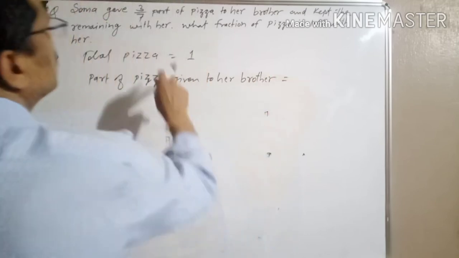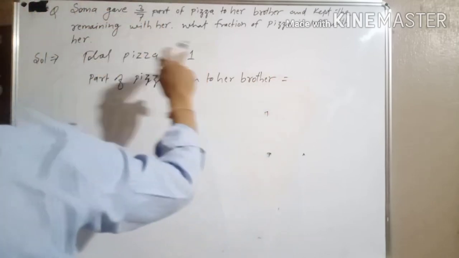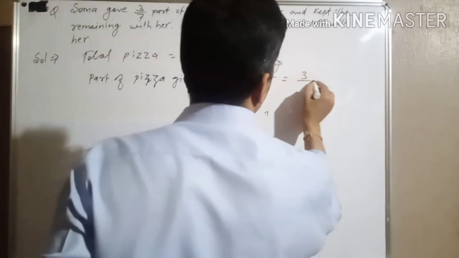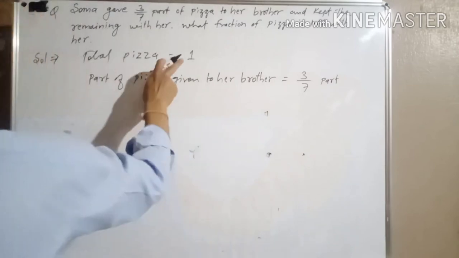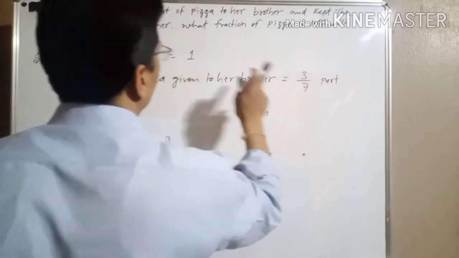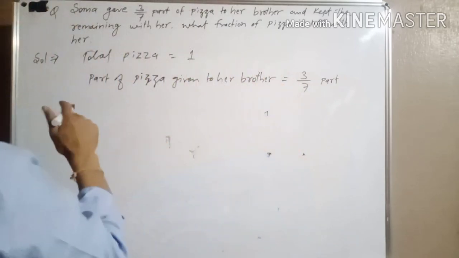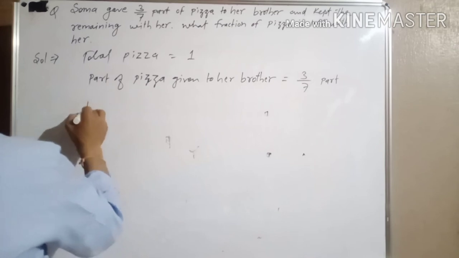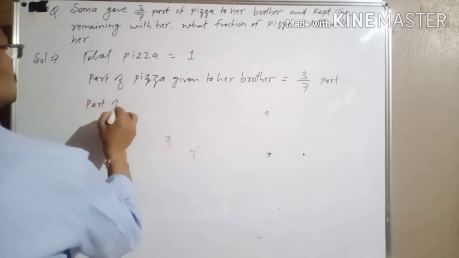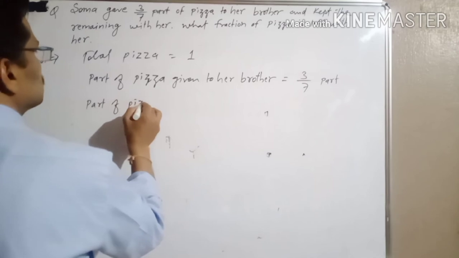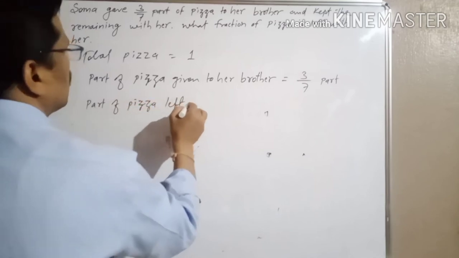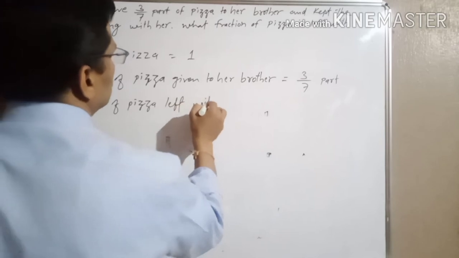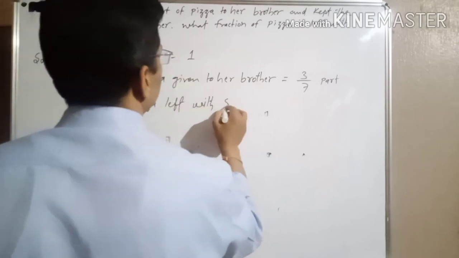How much has she given? 3 upon 7. So we can write here 3 upon 7 part. Now tell me, this is total and this part she has given. So how much part of pizza is left with her? We can write here part of pizza left with Soma.